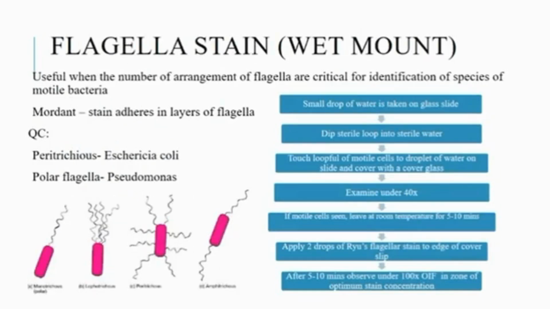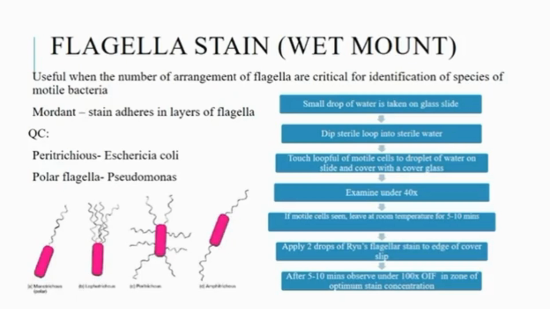Next we can use a flagellar stain, by wet mount. This method is useful when the number or arrangement of flagella is critical for identification of species of motile bacteria. The procedure is that a small drop of water is taken on a glass slide, then dip the sterile loop into sterile water, then touch a loopful of motile cells to the droplet of water on the slide and cover it with a cover glass. We examine under high power, that is 40x.